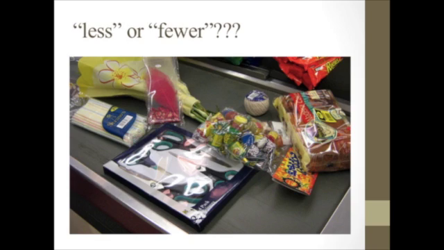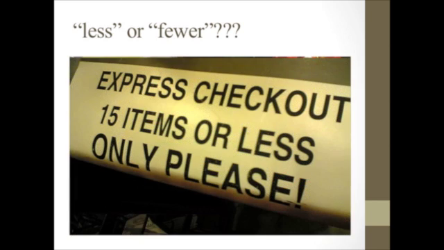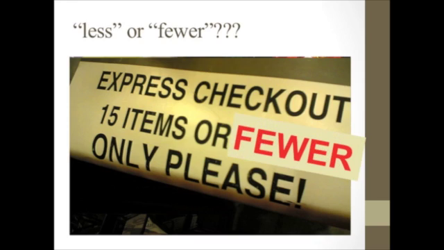We have also seen some of the rules regarding quantifiers and determiners before countable and uncountable nouns. Typically, we would say fewer items and less water, which is an uncountable noun. This only shows that everyone has some confusion about these categories.